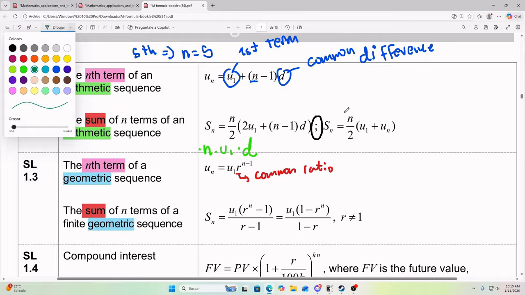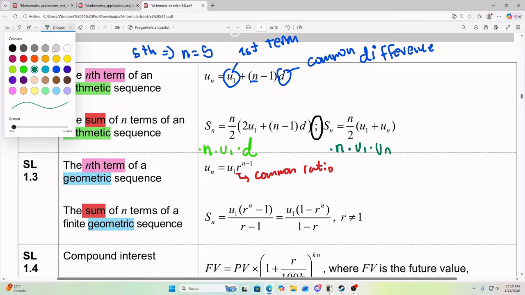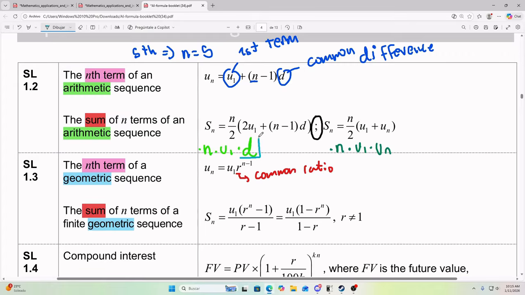But for this other version of the equation, they ask also for n, they ask also for u1, but they do not ask for d, they ask for un. And so slightly small difference that can save you the day of the test. One of them asks for the common difference, the other one for un. So depending on the exercise, they might give you one or the other. You got to use one or the other equation. I think a small difference, but it can save you a couple points.